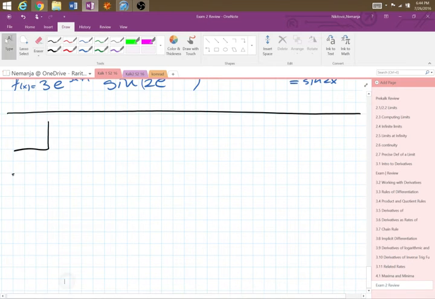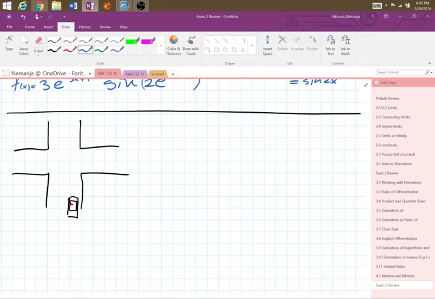I'm going to draw an intersection here. I'm going to put the cop car over here. The cop car will have the red and the blue light, as we are all familiar with. Going into the intersection this way.